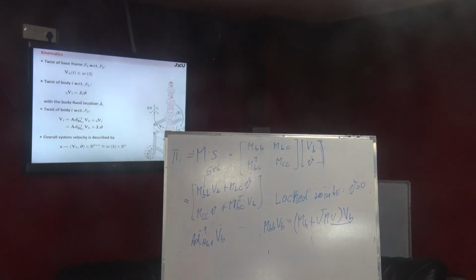Maybe it's good to have this picture, because with this equation we transform the base twist into the first link.